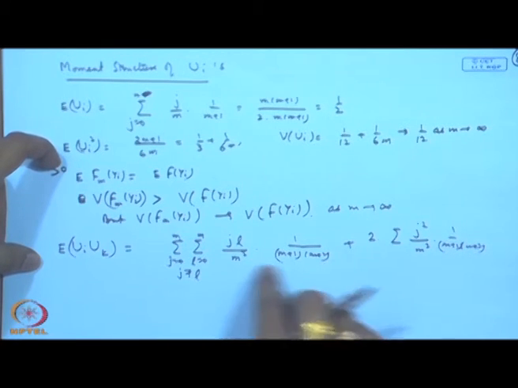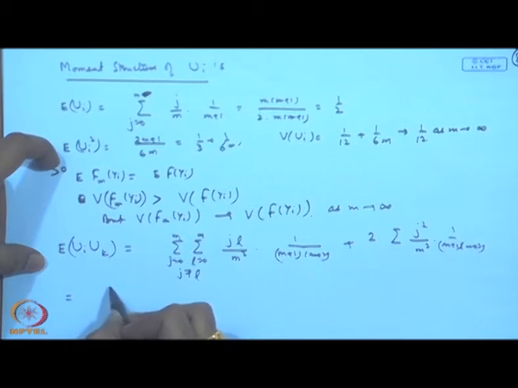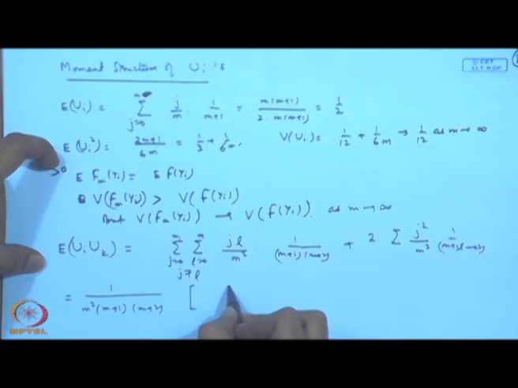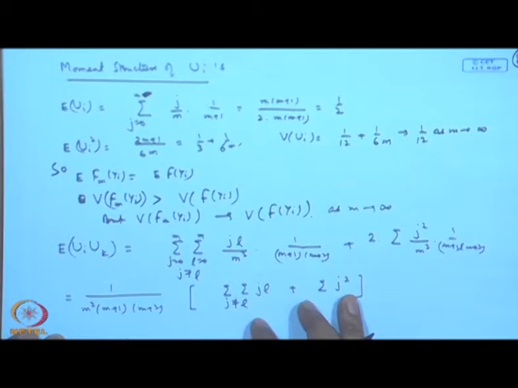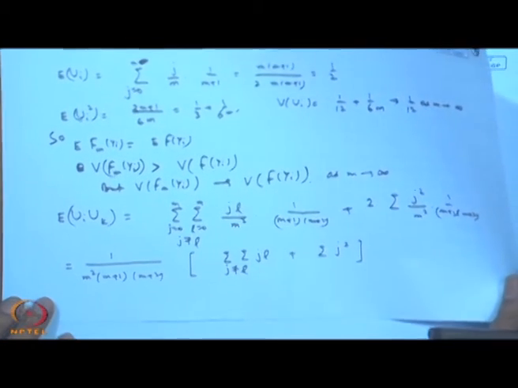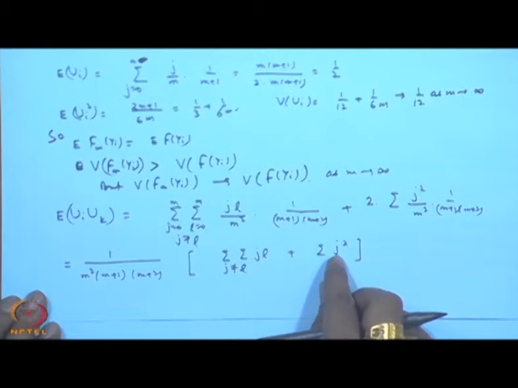Now you can easily see that this denominator is common, so I can keep it outside, that is 1 by m square (m plus 1)(m plus 2), and we are left with the summation over j l, j not equal to l, plus the summation of j square. I can consider it as the summation of j, whole square, minus the cross product, minus the terms which are j square here.